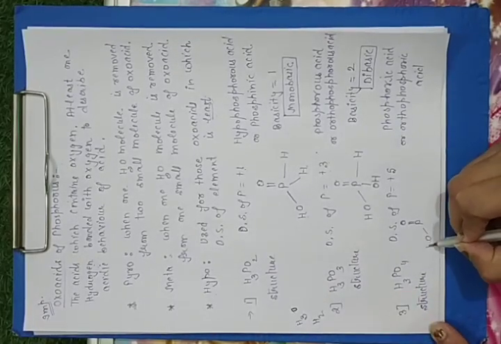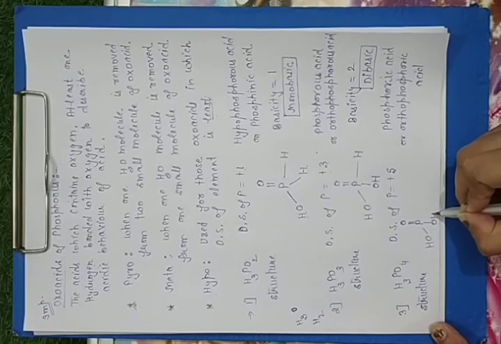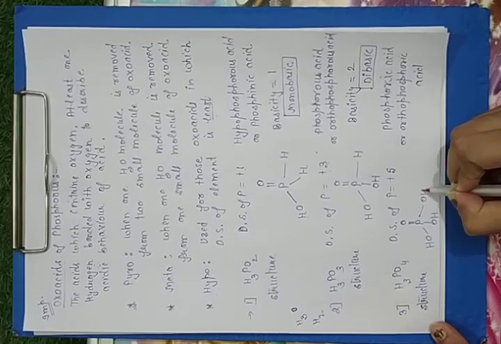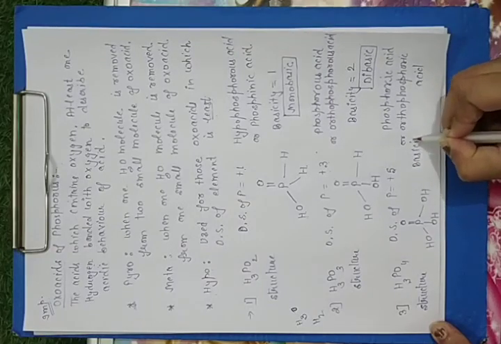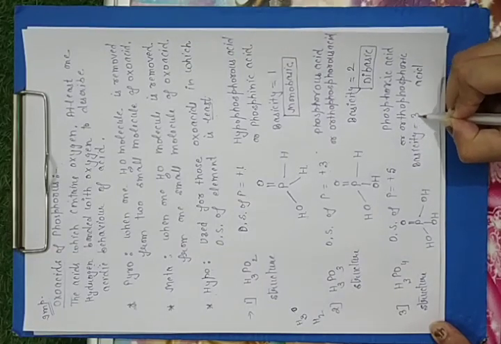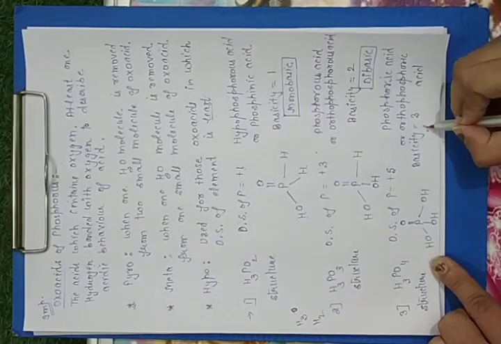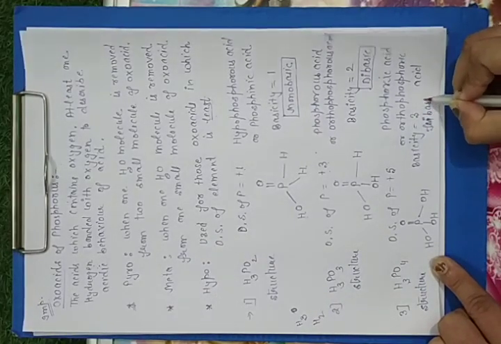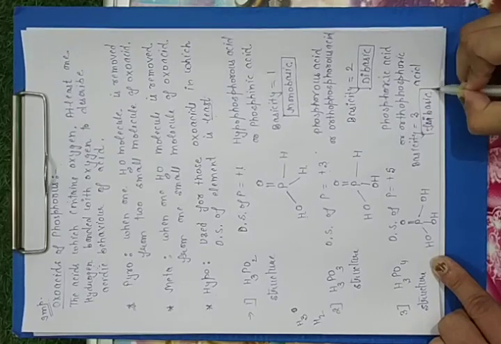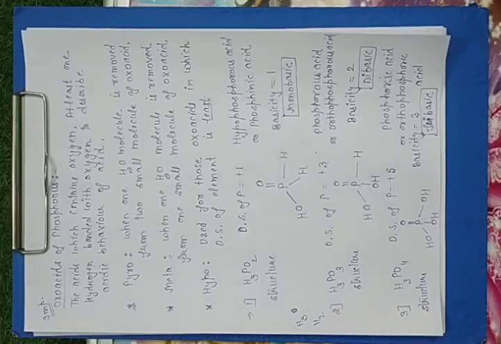So put these with the phosphorus. Now its basicity is 3. Hence it is a tribasic acid. It is a tribasic acid.